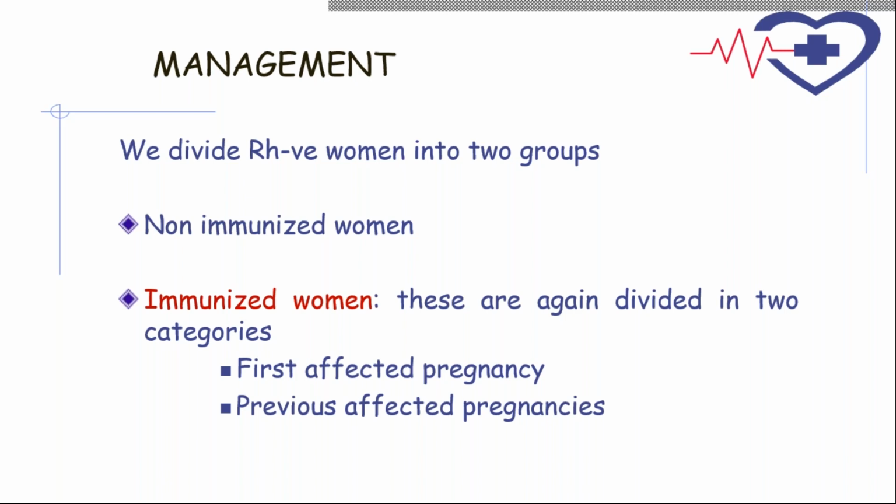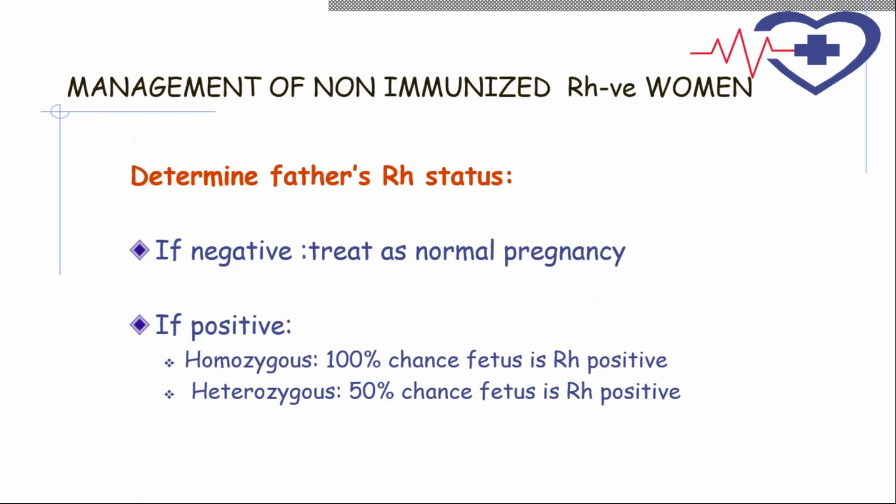And in previous affected pregnancies, we mean that previous babies have been affected with hydrops, or they have a history of exchange transfusion postnatally, which gives us the clue that the pregnancy was isoimmunized and was manifested as erythroblastosis fetalis in the baby.